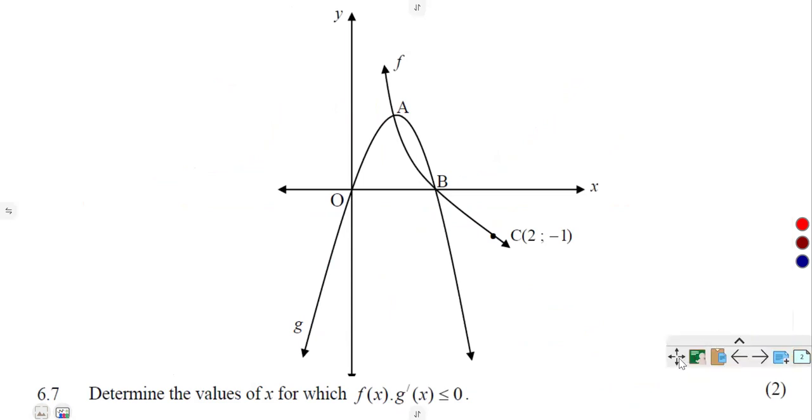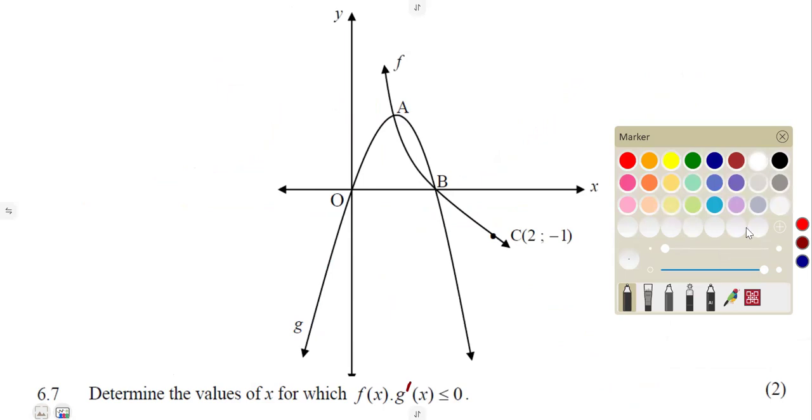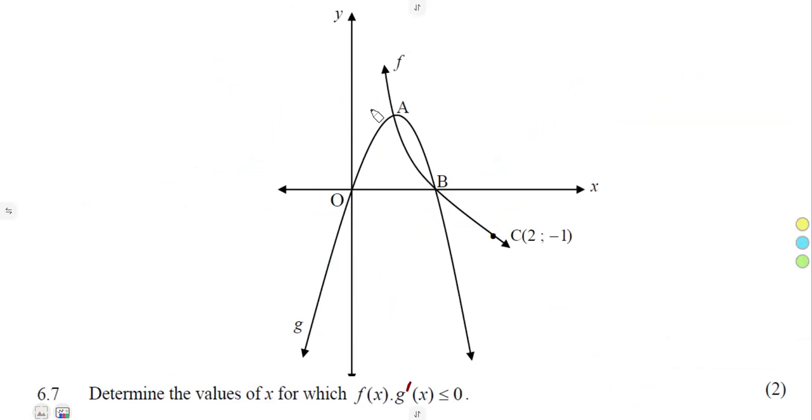All right. On this one, we need to determine the values of x for which f of x is related to the first derivative of g. So we need the first derivative of what? Of g here. All right. So let's see. If we check our f of x, what is important is to note the two graphs. Our f of x, it is this one.